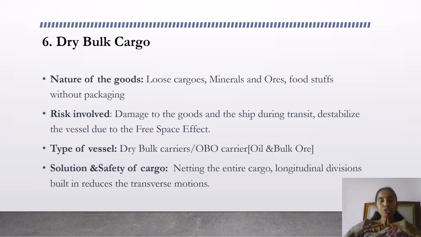Cargo is being stored in a form where there is some free space on the deck. Due to that, moisture is created, and it spoils the cargo which is kept inside it. So, that is what free space effect. So this is the huge risk which we have in dry bulk carriages.